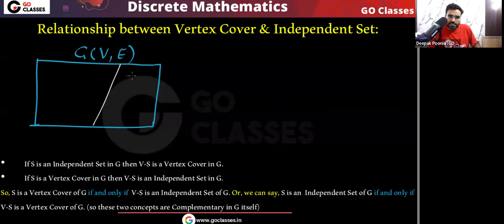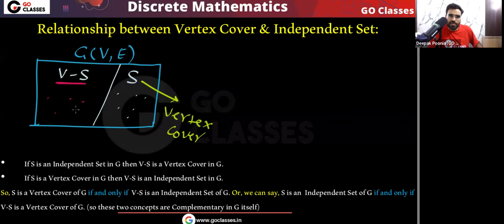Let's assume this is S, and the remaining vertices will be V minus S. So if this S is a vertex cover, then the remaining vertices will become an independent set.